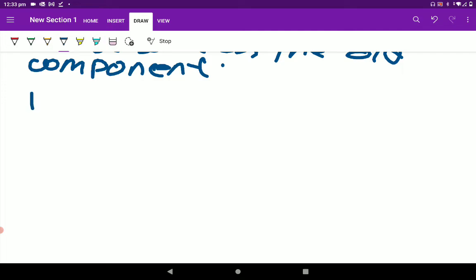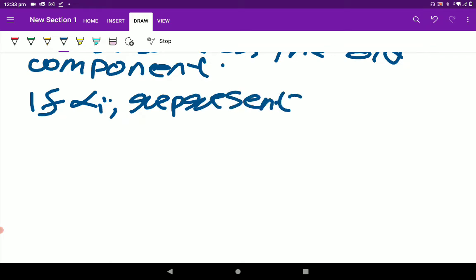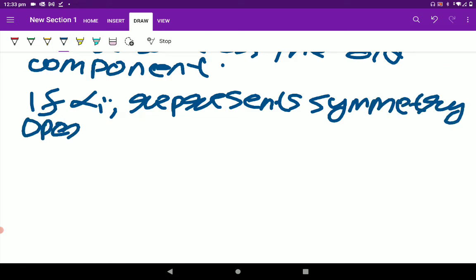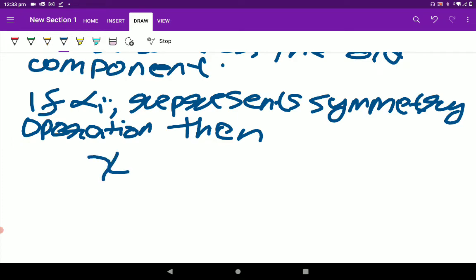So if alpha ij represents a symmetry operation, then the new susceptibility will be equal to the old susceptibility. So the system overlaps.